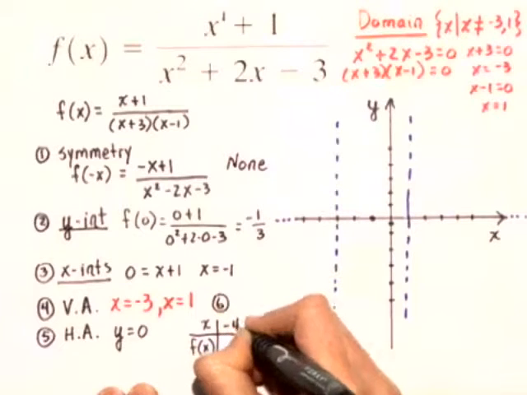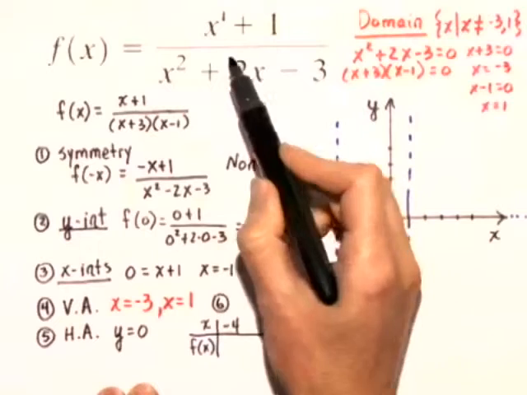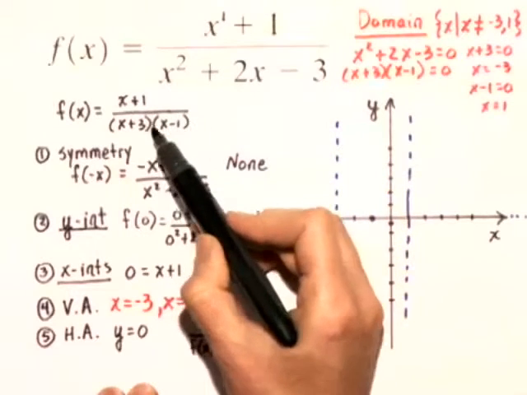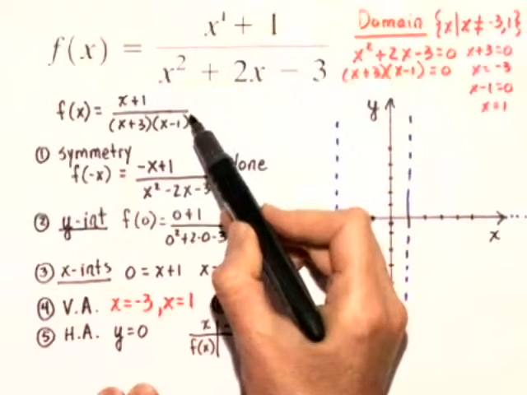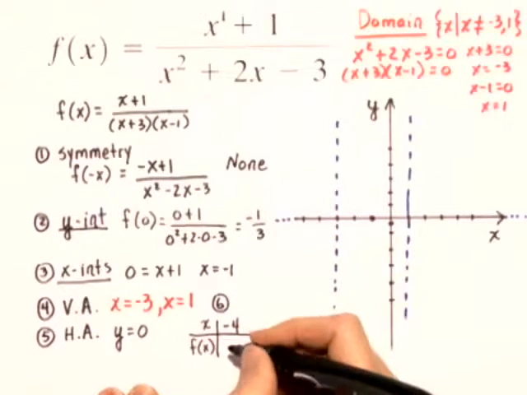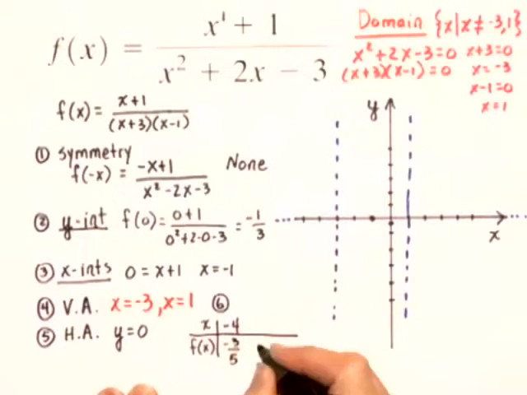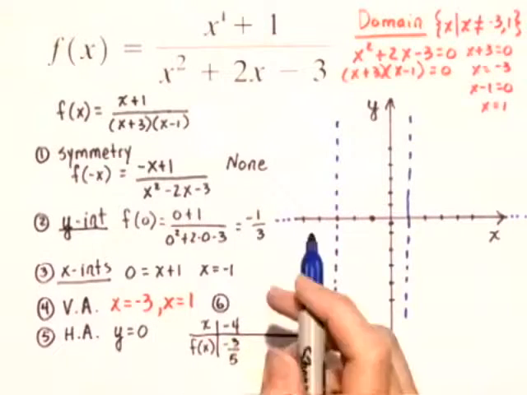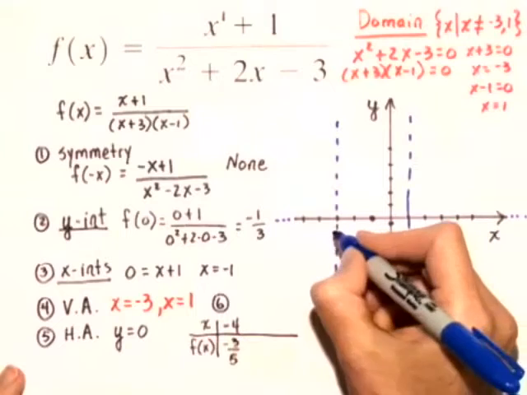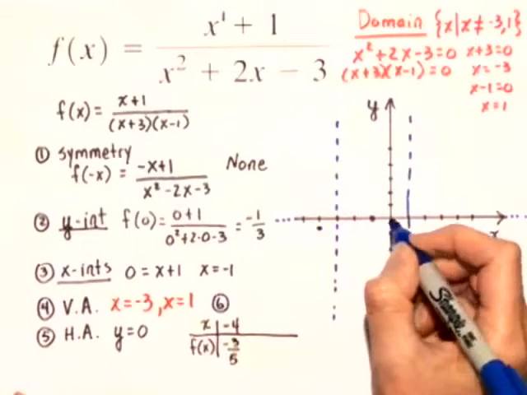We can substitute that into our original equation, but sometimes it's easier to substitute into the factored form. I substituted negative 4 for x into the factored form, and I got the f of x value of negative 3/5. So negative 4, negative 3/5 is on my graph, right about here.